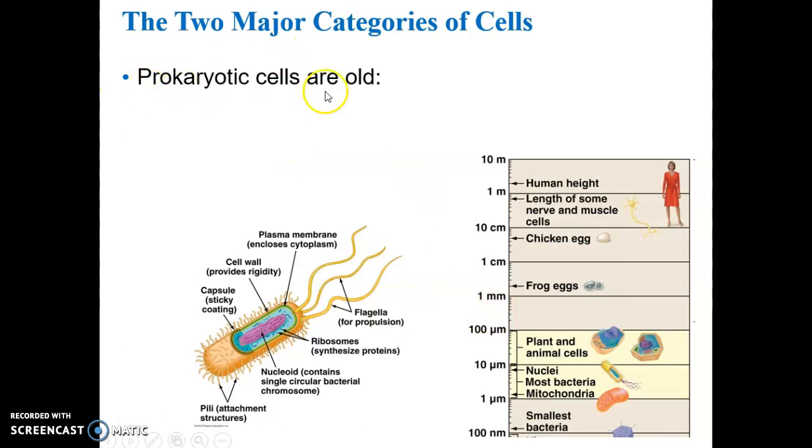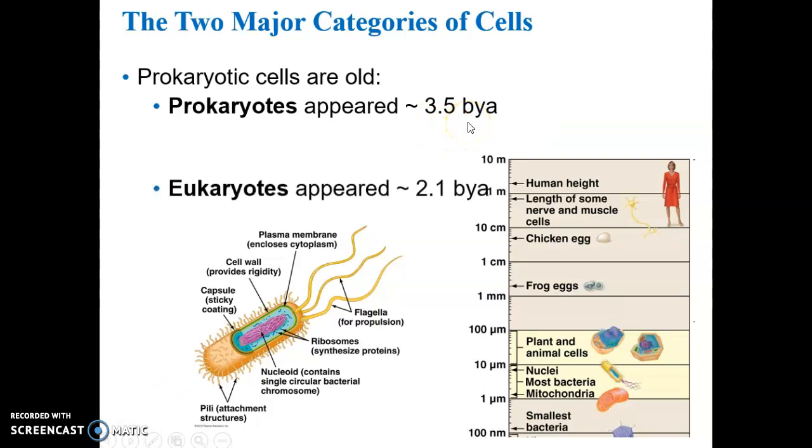So prokaryotic cells are very old. They're the first living things on planet Earth, and they first appeared about 3.5 billion years ago, BYA. That is a very, very long time ago.